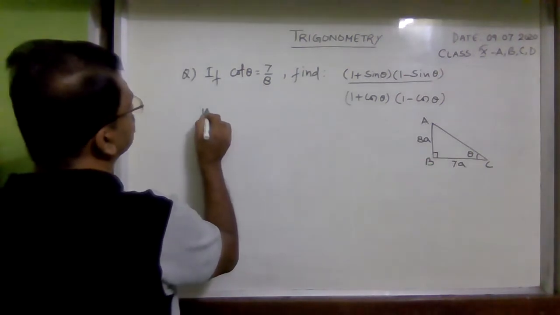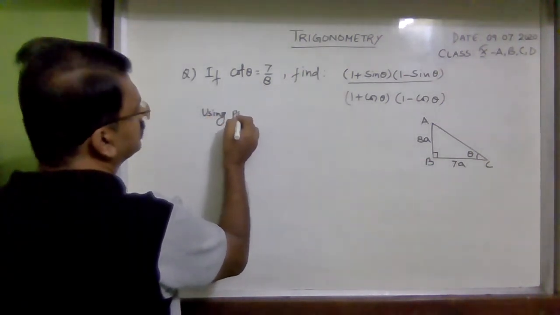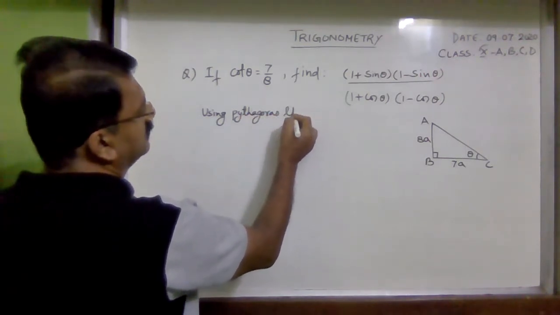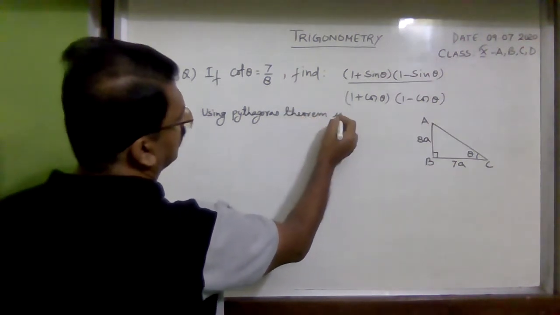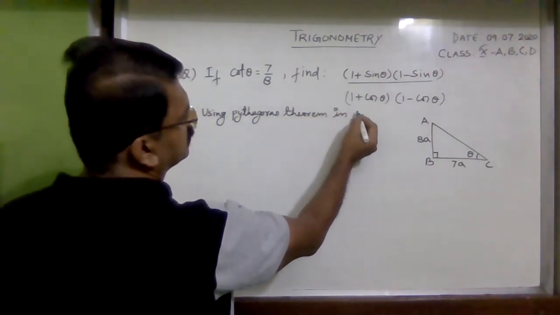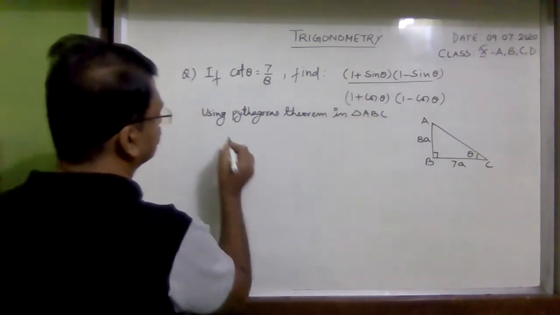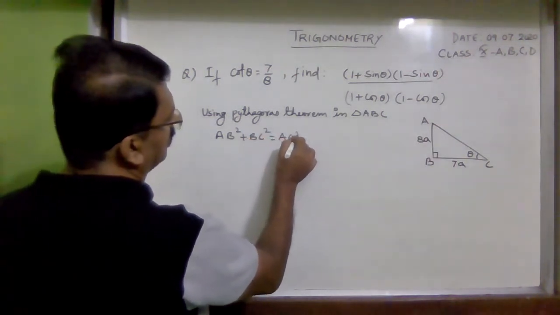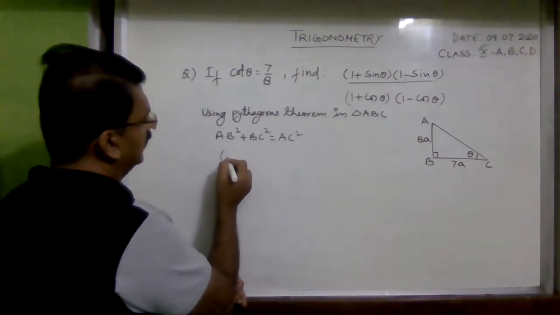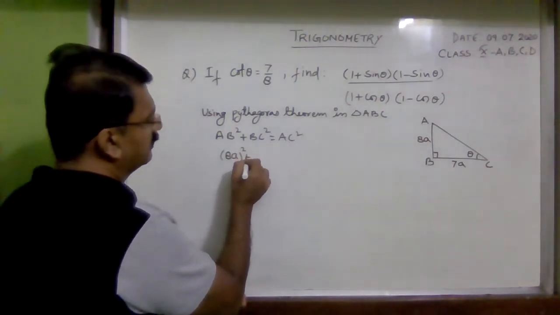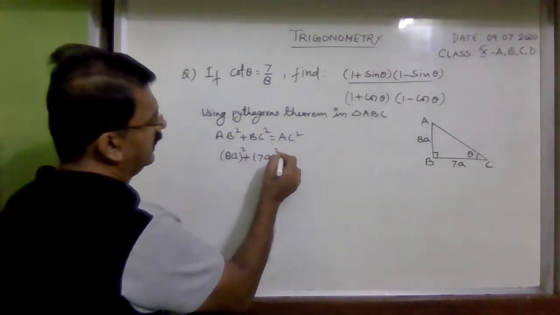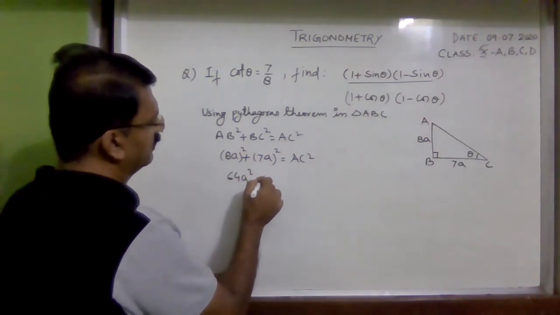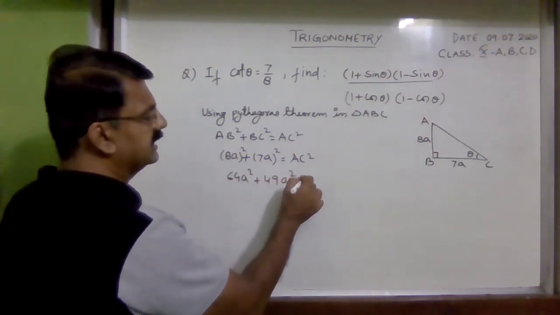So using Pythagoras theorem in triangle ABC, AB square plus BC square is equal to AC square, that is 8a whole square plus 7a whole square is equal to AC square. 64a square plus 49a square is equal to AC square.